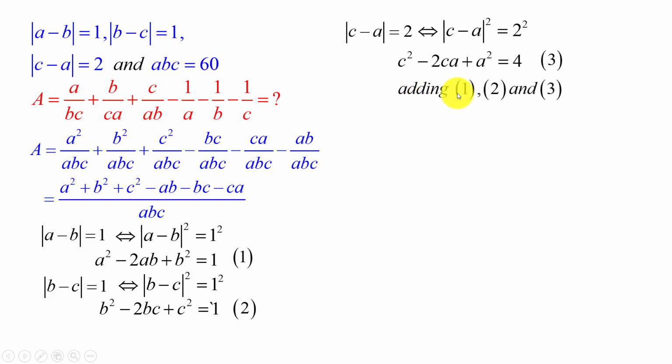And now we add the first equation with the second equation and with the third equation. So we see a squared and a squared, we get 2a squared, and b squared and b squared, we get 2b squared, and c squared and c squared, we get 2c squared, and minus 2ab, minus 2bc, and minus 2ca equals 1 plus 1 plus 4, which is 6.